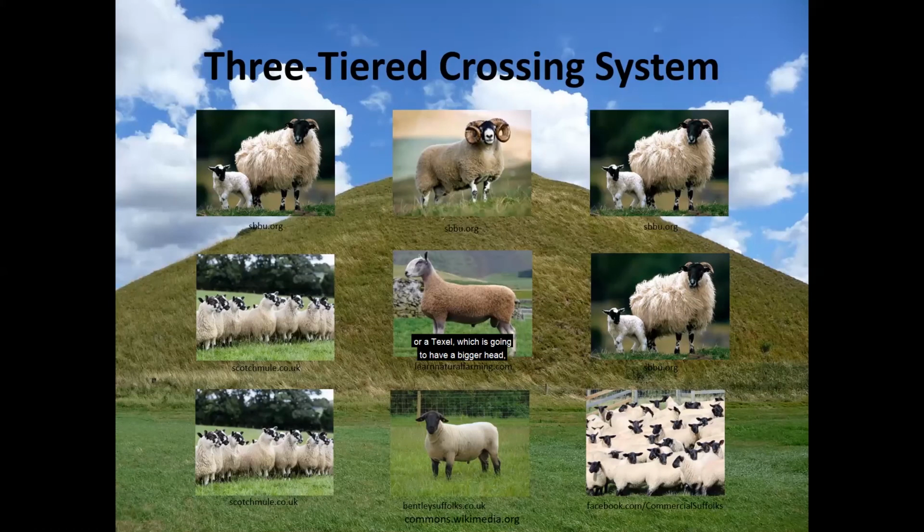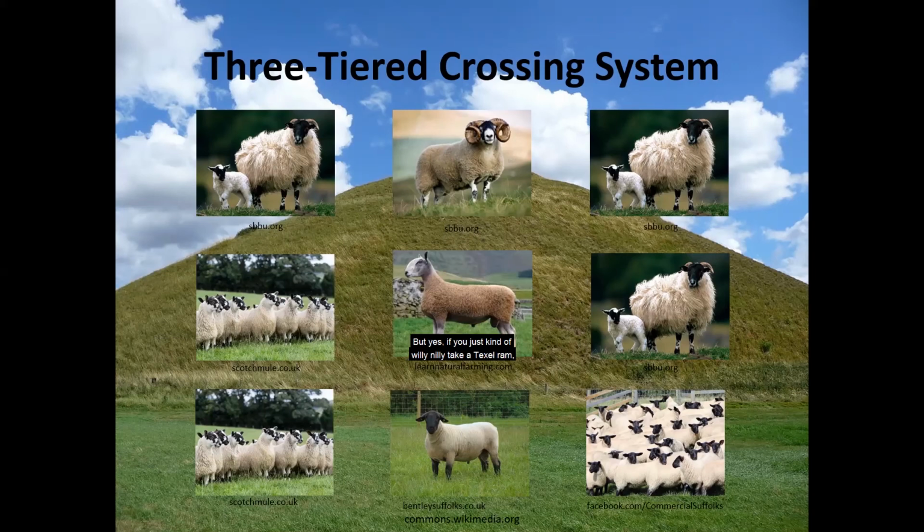That has a function in terms of lambing ease, because even when those mule lambs are mated to a Suffolk or a Texel, which is going to have a bigger head, bigger front end, maybe be a little more compact and meaty, the lamb is still going to have a lot of the shape coming from the blue-faced Leicester.